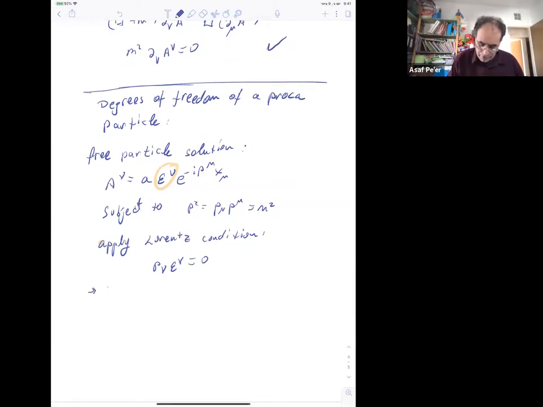So we end up with 3 independent degrees of freedom.